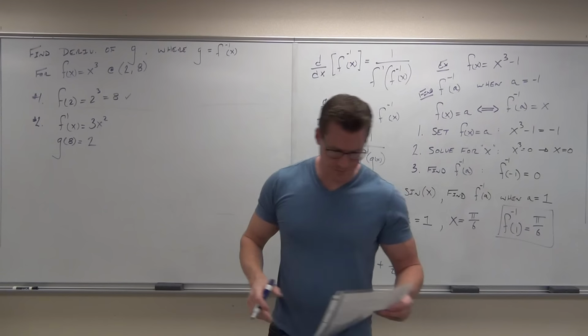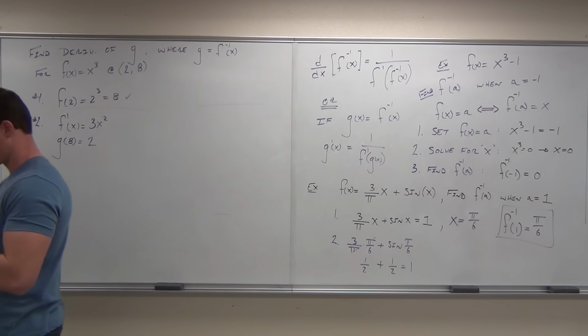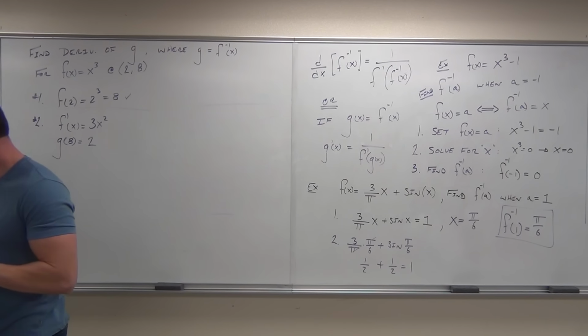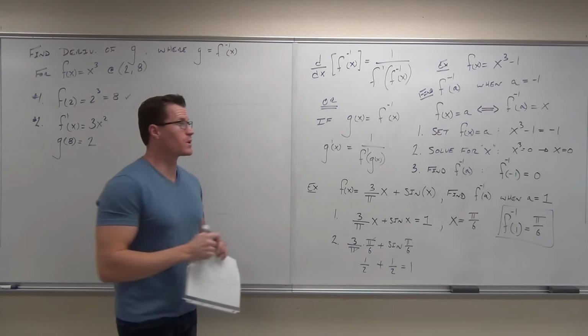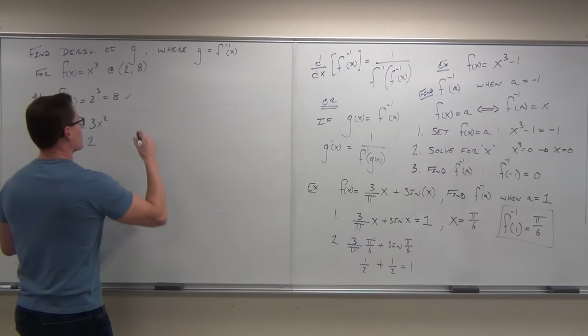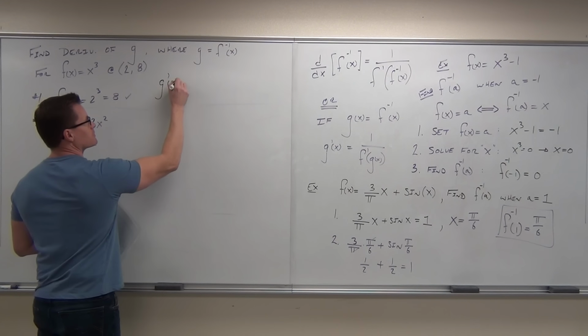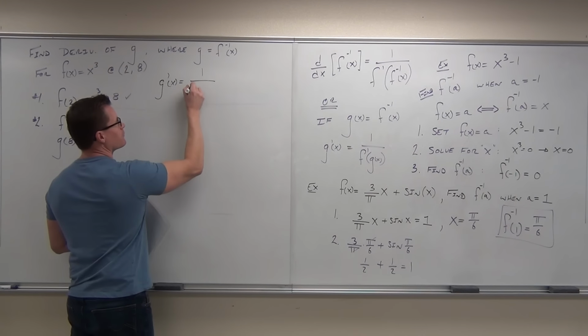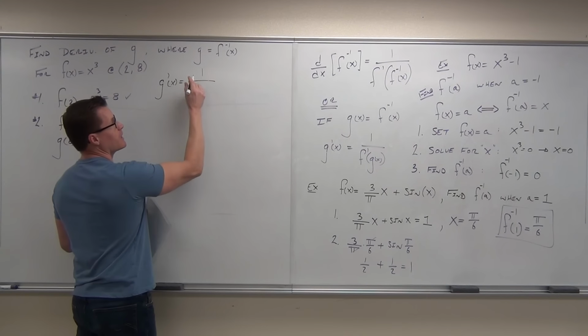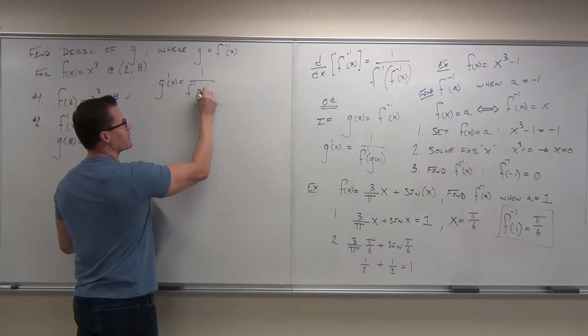Okay, now here's the cool part. If we know that, all we got to do is use that formula I just gave you. So our formula said g prime of x gives you 1 over f prime evaluated at g of x.